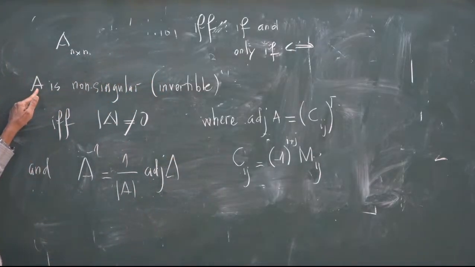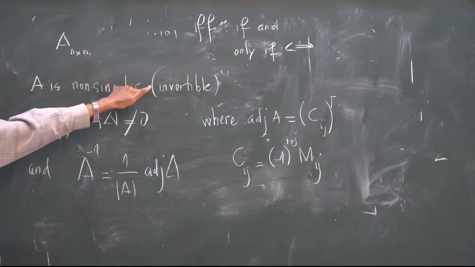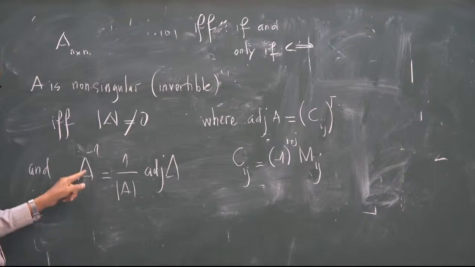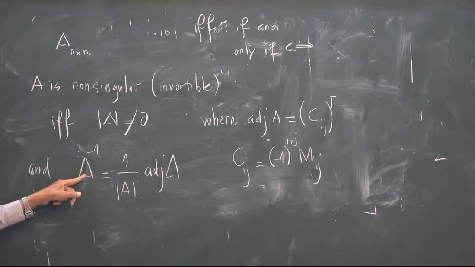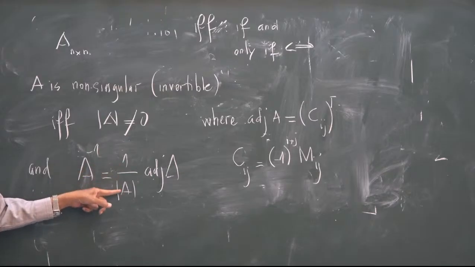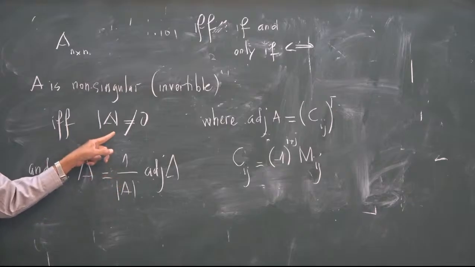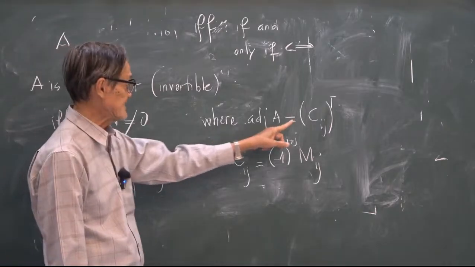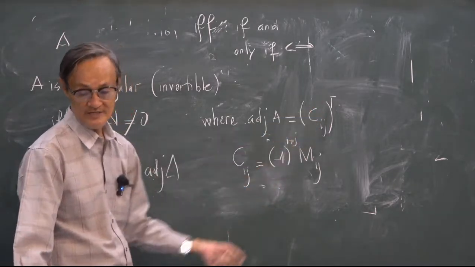A square matrix is invertible if the determinant is different from 0, and with this formula we can find the inverse: 1 over the determinant of A, times the matrix of cofactors C_ij transposed.